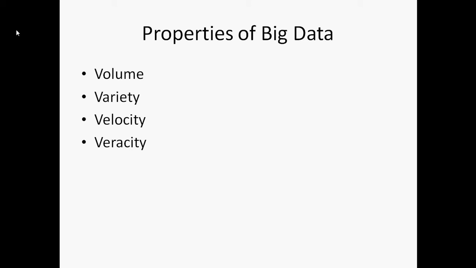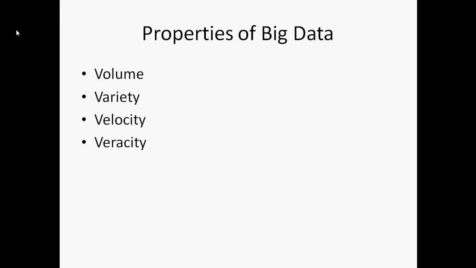Now, since you know how vast this concept is, it is very hard to give an exact definition of big data, but we'll try to put this concept into four major properties, and this is kind of an approximate definition of big data.